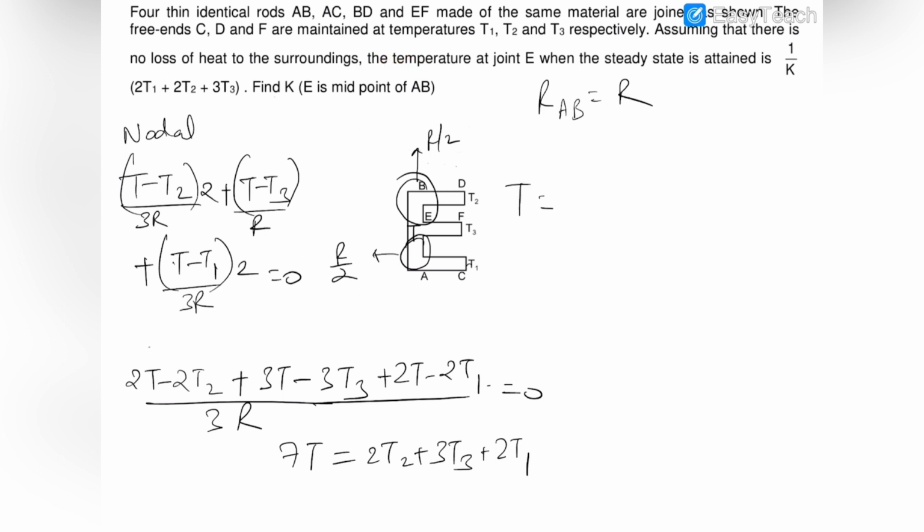So T will be equal to 1 by 7 of 2T2 plus 3T3 plus 2T1. If you compare it with K, then the value of K will be 7.